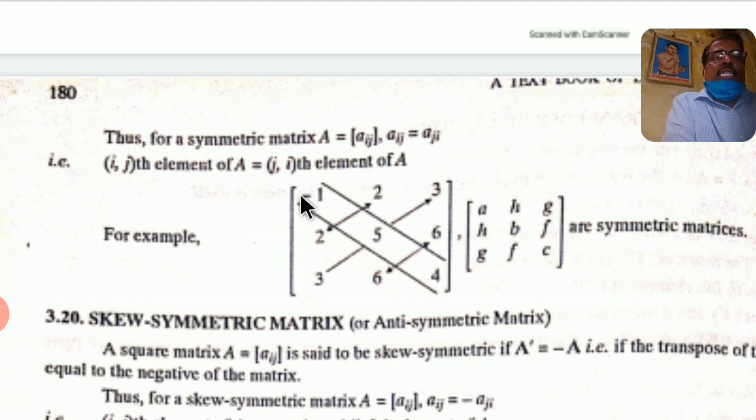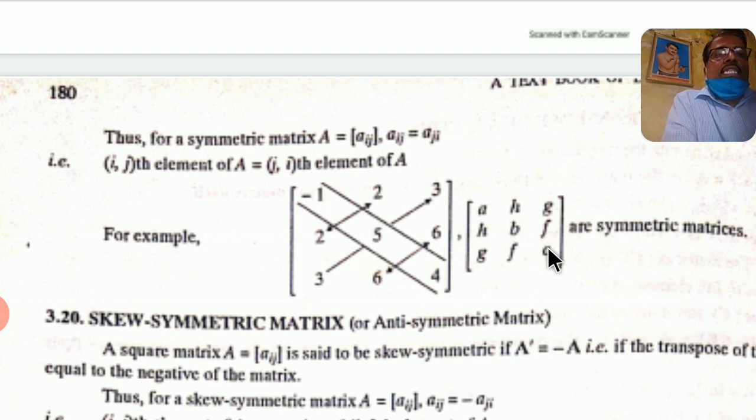The elements above the diagonal and the elements below the diagonal are the same. Here it is 2 and the corresponding element is also 2. Here it is 3 and the corresponding element is also 3. Here it is 6 and the corresponding element is also 6. If the elements above and below the diagonal are equal, it is called a symmetric matrix.